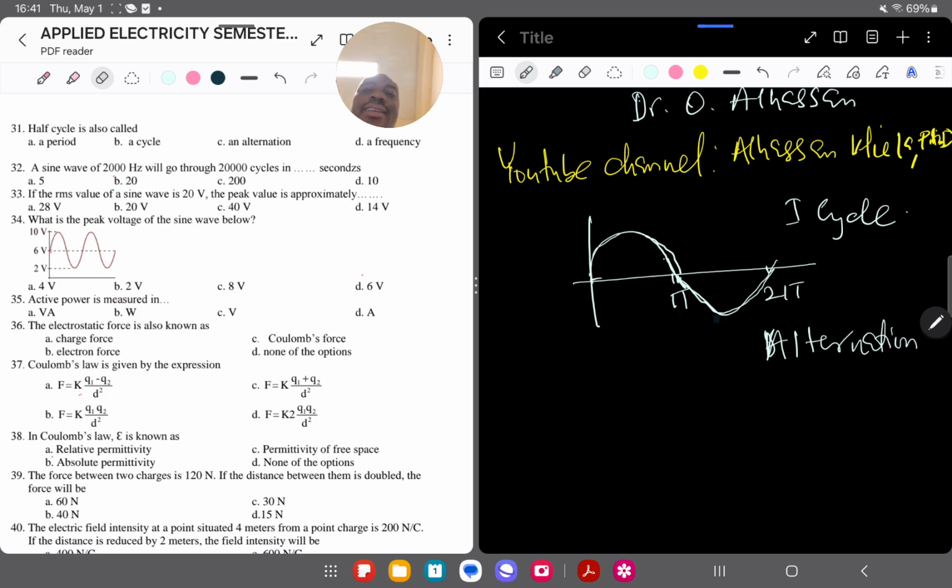That's why we define an alternating current as a waveform that changes between positive and negative, meaning that it alternates, it's changing. So half of a cycle is called an alternation. So the answer here is going to be C.